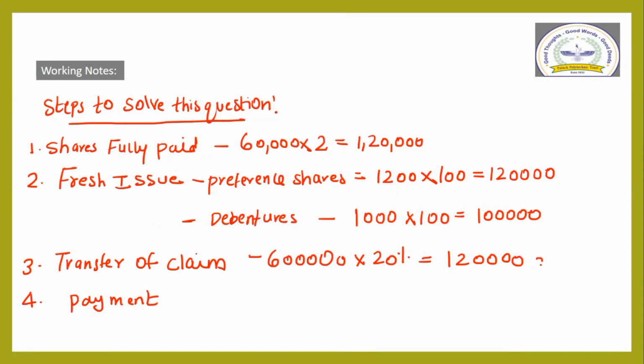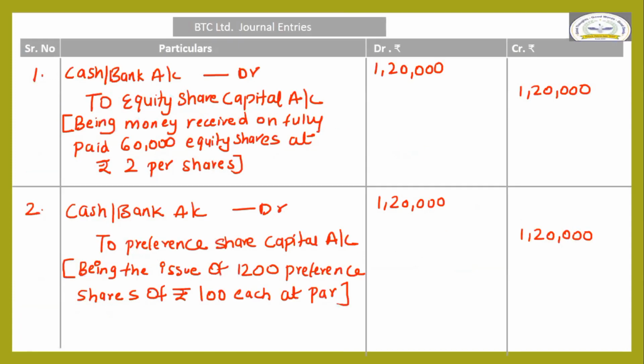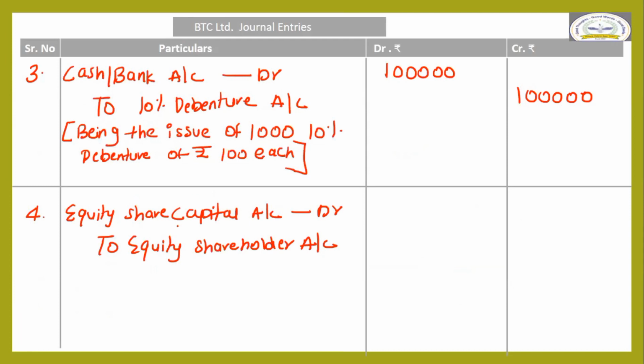So we pass 1,20,000 rupees for both cases: one for the transfer of claim, and the final one for payment. The transfer of claim entry is equity share capital account debit to equity shareholder account, and the amount is 1,20,000 rupees.